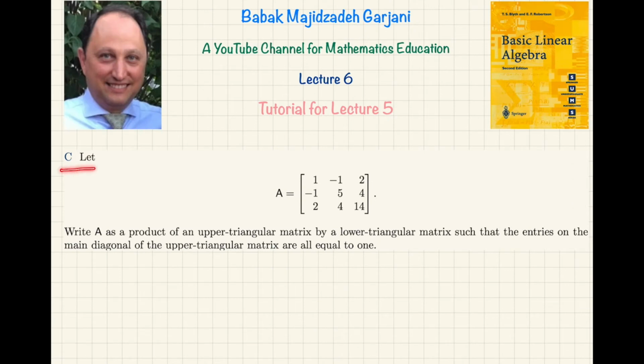Okay, problem C. Let A be this 3 by 3 matrix. Write A as a product of an upper triangular matrix by a lower triangular matrix such that the entries on the main diagonal of the upper triangular matrix are all equal to 1.